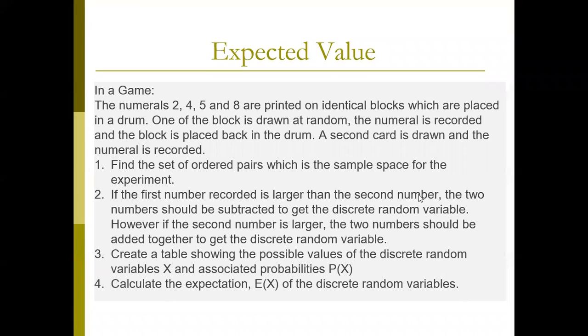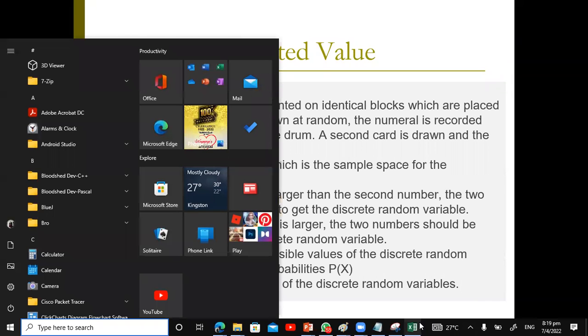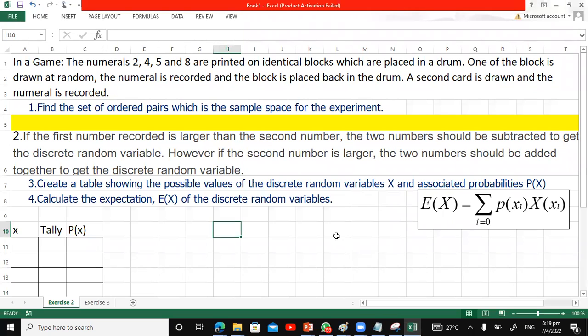And then we're going to create a table to show the discrete random variable along with the respective probabilities. And we are also going to work out the expected value. All right, so let's head over to Excel where we'll do this working out.